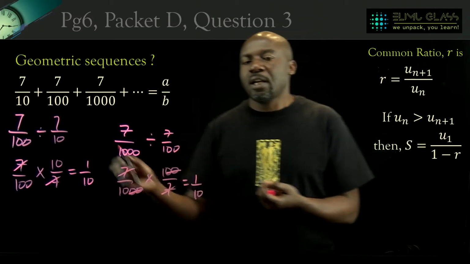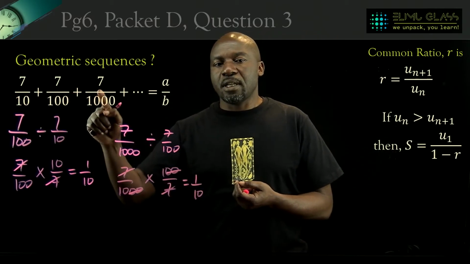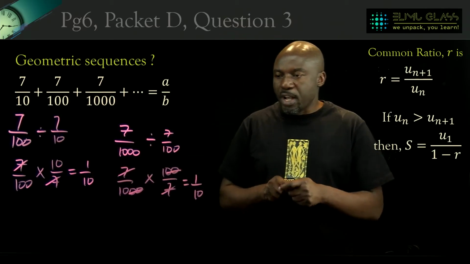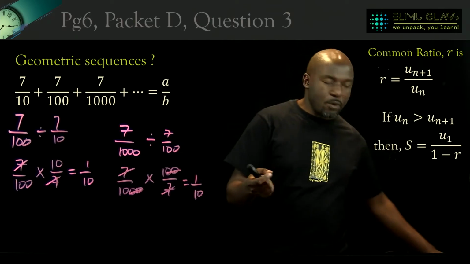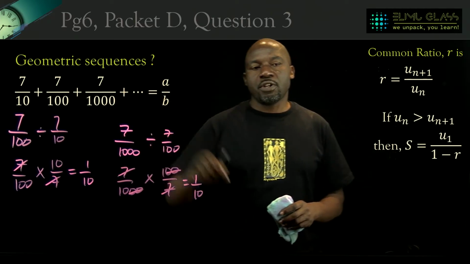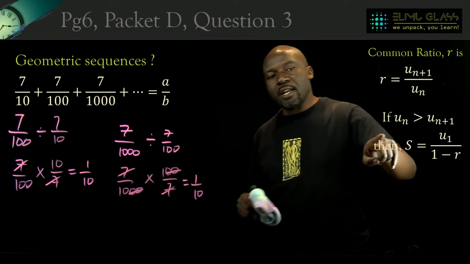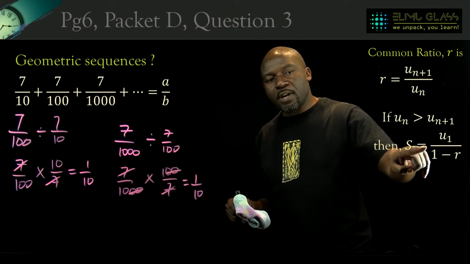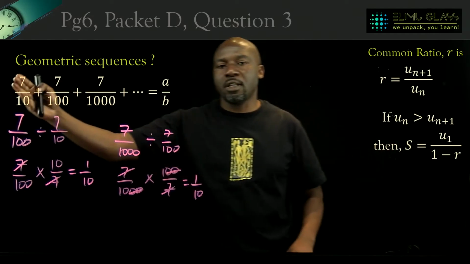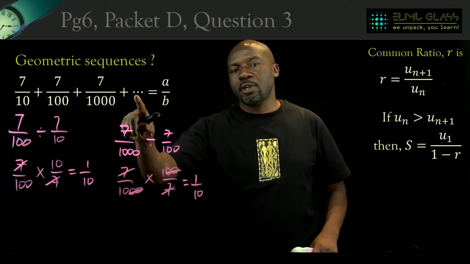So the ratio of these 2 is the same as the ratio of those 2, so we have a common ratio. And when we have a common ratio like that, we can conclude that this is a geometric sequence or geometric series, then this formula here can be used to find the sum of all of them all the way to infinity.